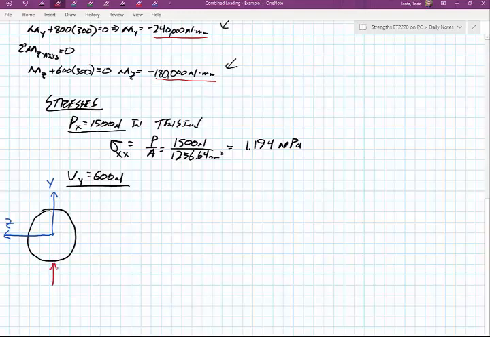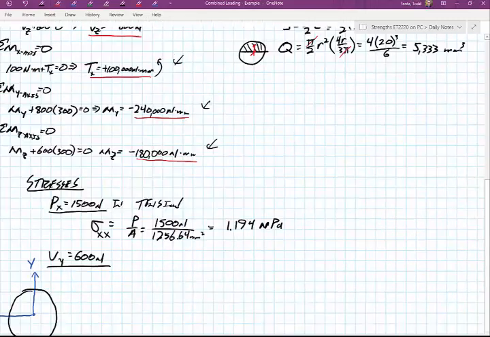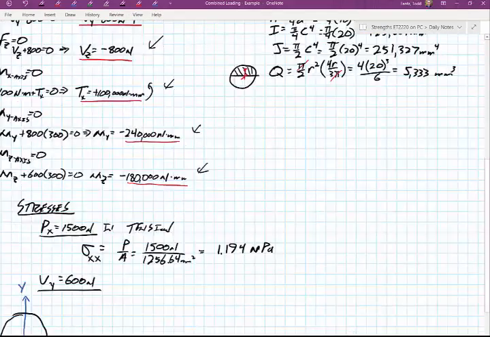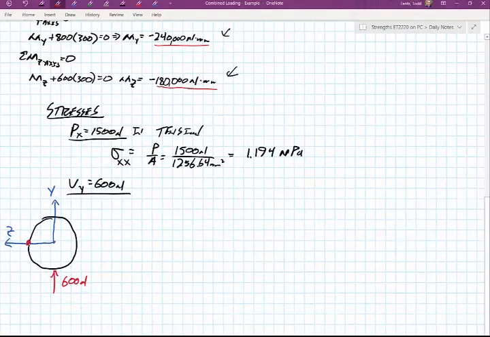So I have a shear force of 600 newtons. And I have to say, well, would that create a stress at, what are we looking at, point A? Well, where is point A on this thing? Point A is right on this z-axis. So here's my point A. And the answer to that is yes, it would create a stress.